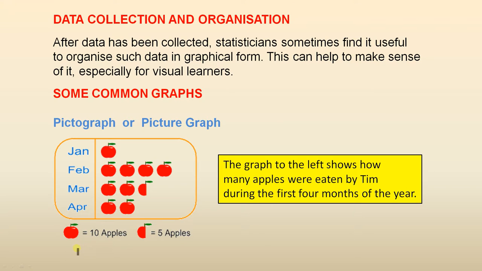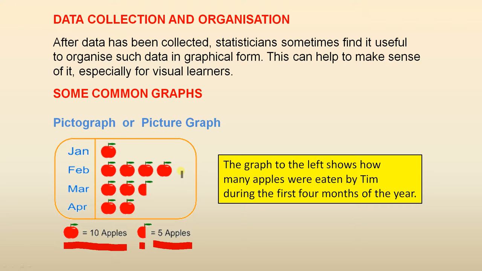So we see down here in the legend that whenever you see one apple drawn, that actually represents 10 apples. So half an apple would represent 5 apples. If we look in January, we can see that there's one full apple. In other words, Tim ate 10 apples in January.